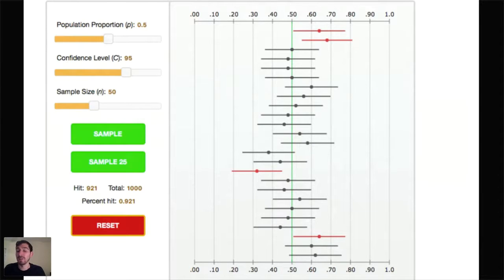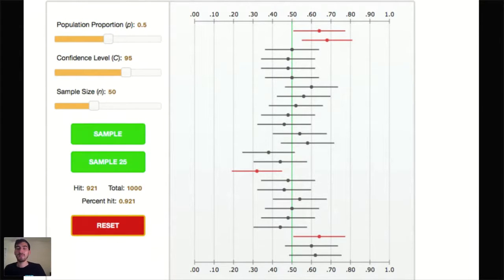And I'm guessing you also know what will happen if I crank up the sample size. What will happen to my confidence intervals when I increase my sample size from 50 to something bigger? I'm going to do that here in a second. Just says decrease.